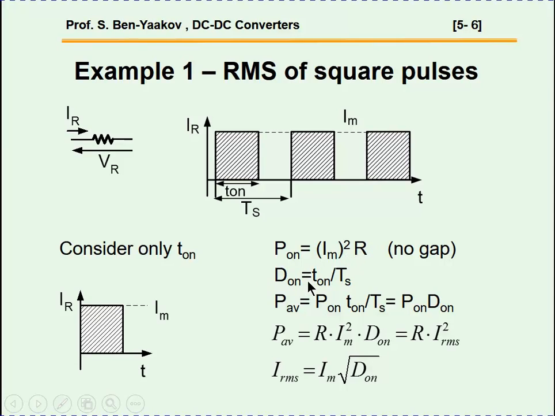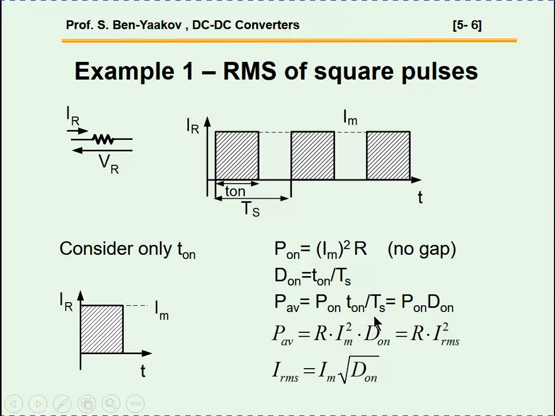Defining the duty cycle as T on over Ts, where Ts is the period and T on is the pulse time, we find that the average will be P on, this is the value we have found, times T on over Ts, or P on times D on. This will be the average power after we take into account D. Remember, we're doing these averaging or summations always in power units.